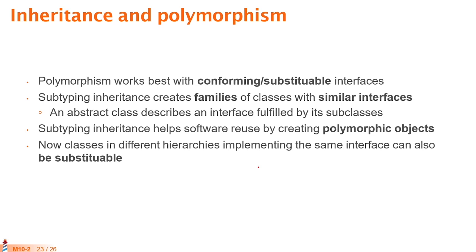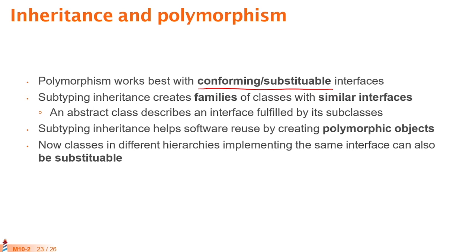When we have inheritance and polymorphism, we have to be sure that when we have two objects that we want to use in a polymorphic way, we are conforming to interfaces that let us substitute one for the other.